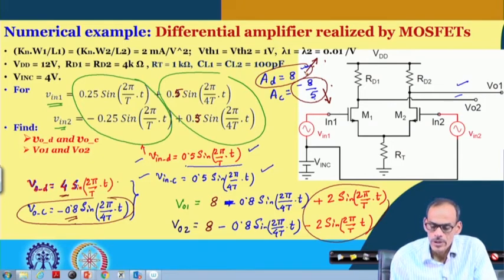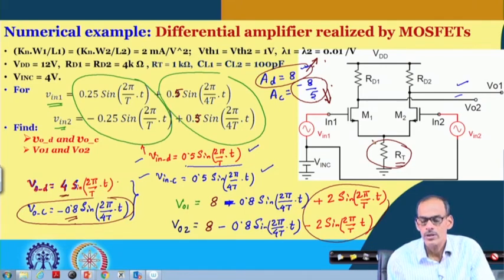In fact, if you see the expression of the common mode gain, this RT or 2 RT has an important role to play. So, to decrease this resistance, what can we do? We can replace this resistor by, say, an active device. In our example, we will replace this resistor by an active device, and then we will see what its consequence may be.